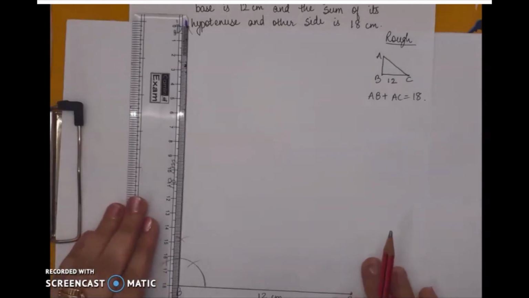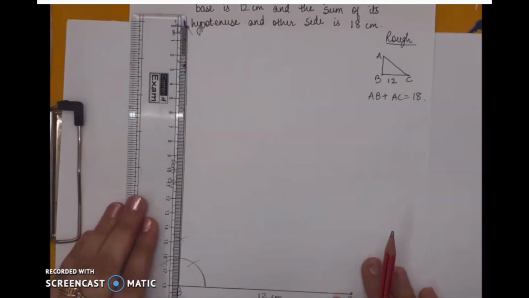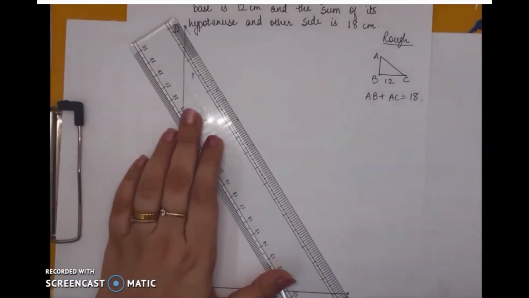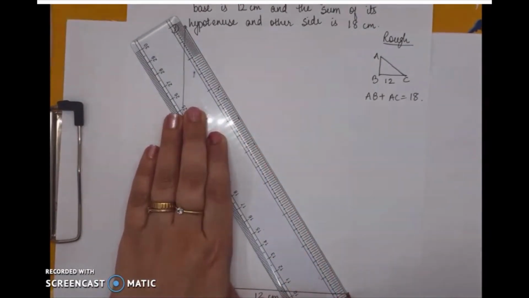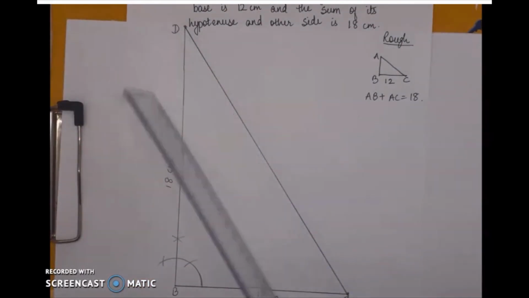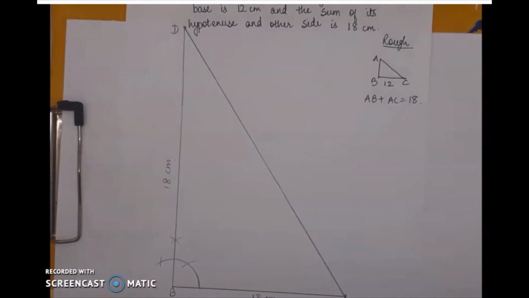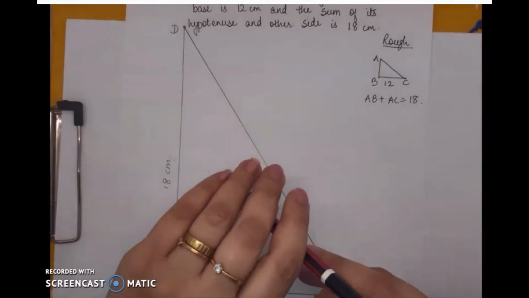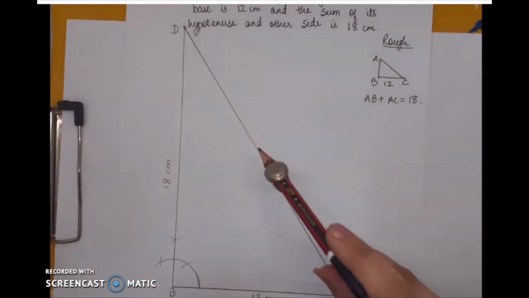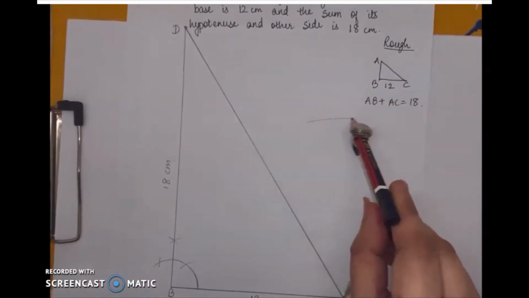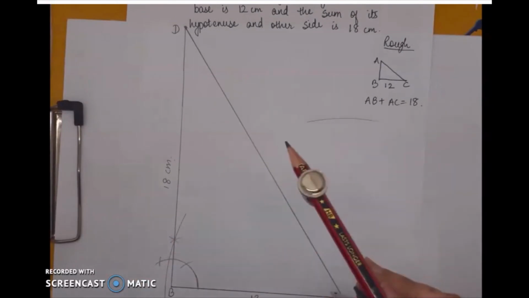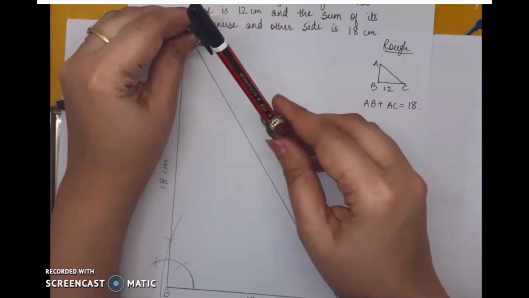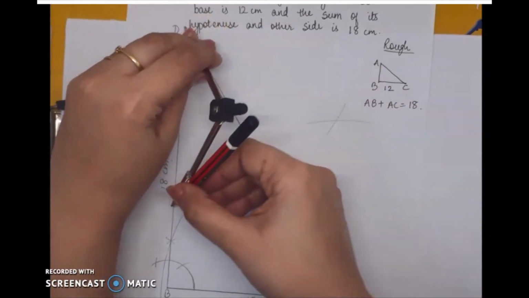Now next step will be join DC. Then we will draw the perpendicular bisector of DC. Now radius should be more than half of DC. Then you will draw two arcs. Then without changing the radius from the other side.